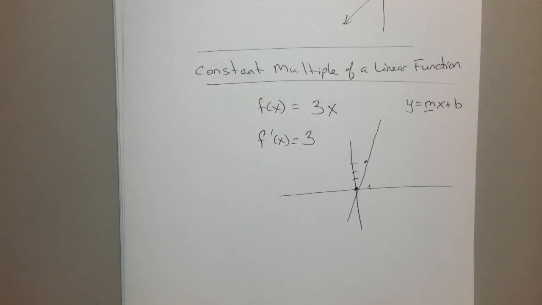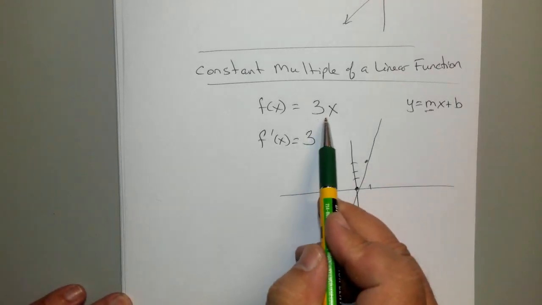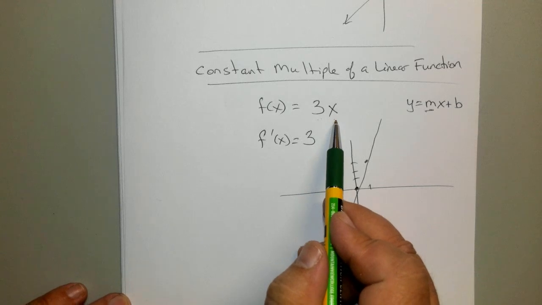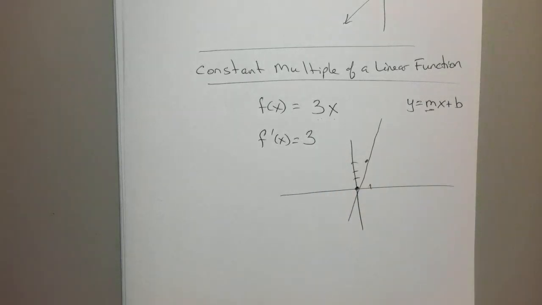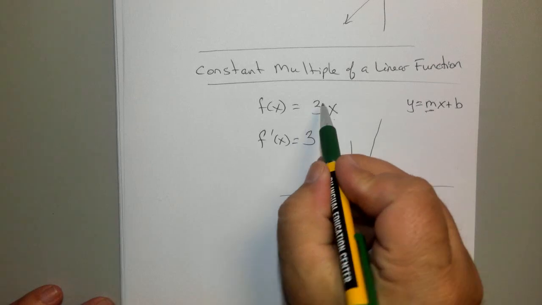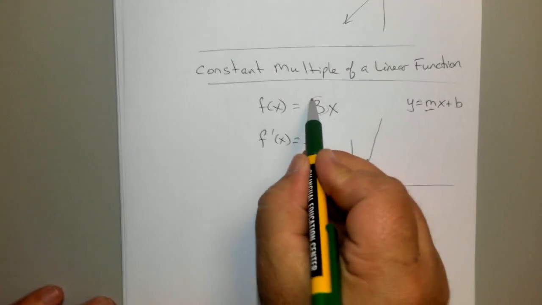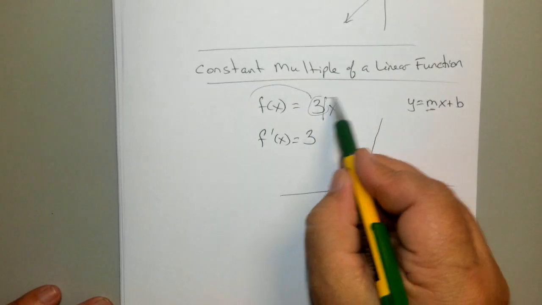Yes, a constant function would have had a derivative of 0. But since we have a constant multiple of a linear equation, it's the same as we do with the limit function. Remember, we take the limits. If you have a constant, it goes in front, and you take the limit. That's the same thing you do here. You take this value, put it out in front, and take the derivative of this.